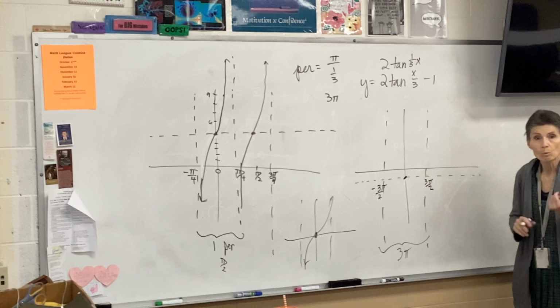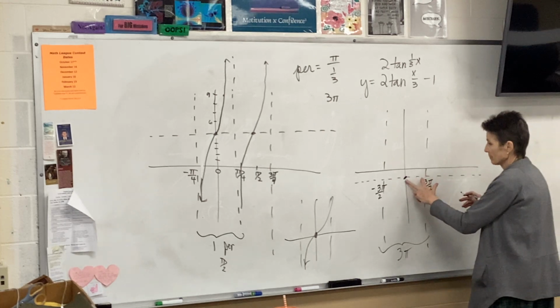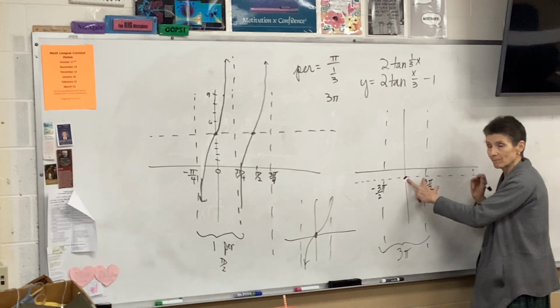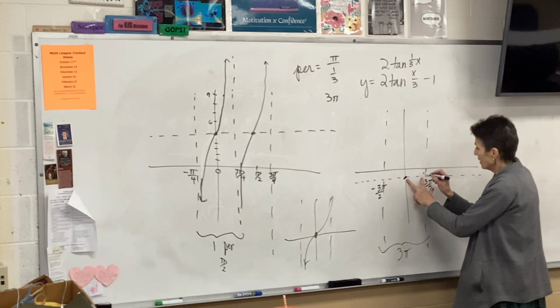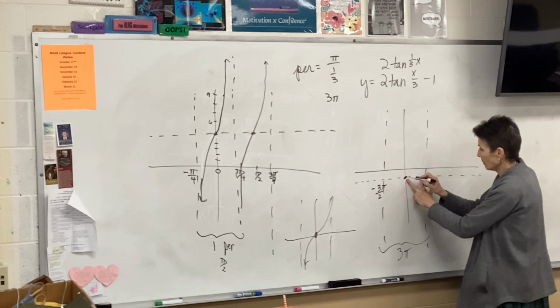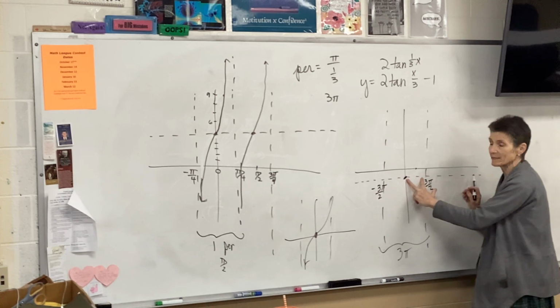In a perfect world, right here in this first, I call it first quadrant, this little first section right here, I would go over halfway and up 1, so that point should be right there.